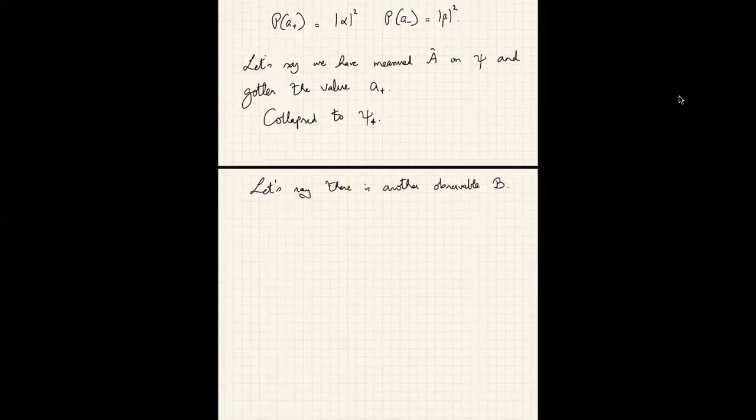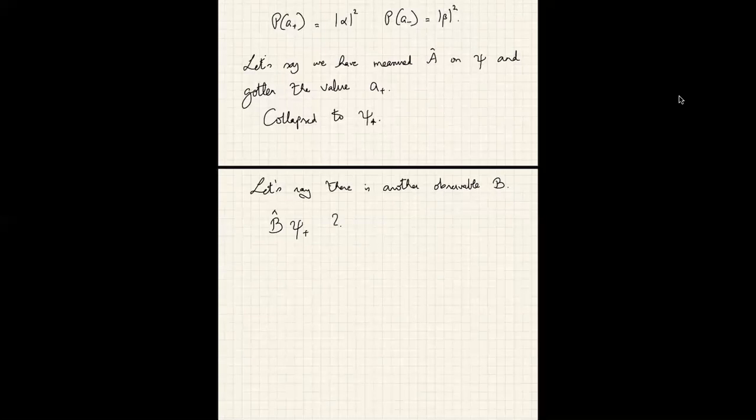Now that I've prepared the system in state psi and measured A and gotten the value A plus, thereby collapsing the system to state psi plus, what happens if I try to measure B on this state psi plus?